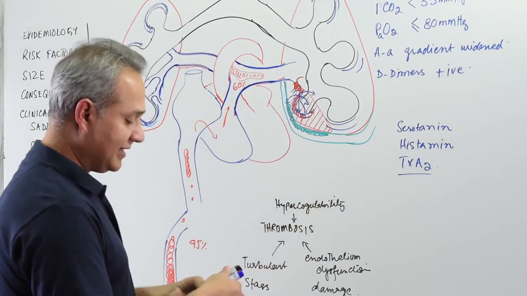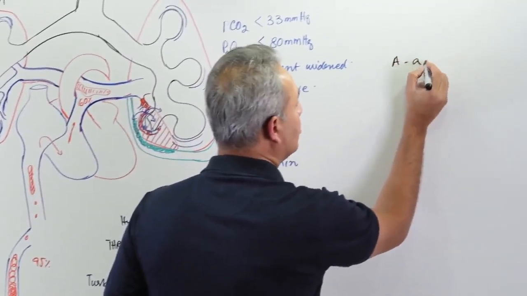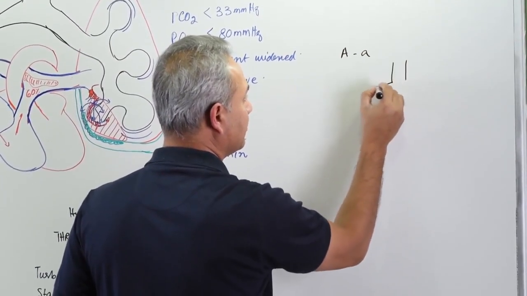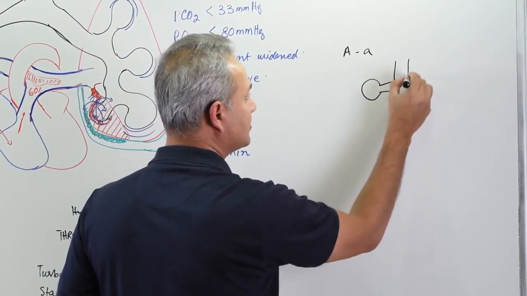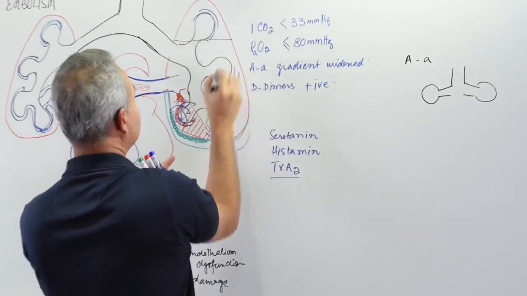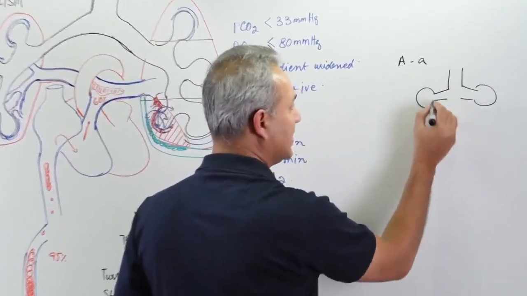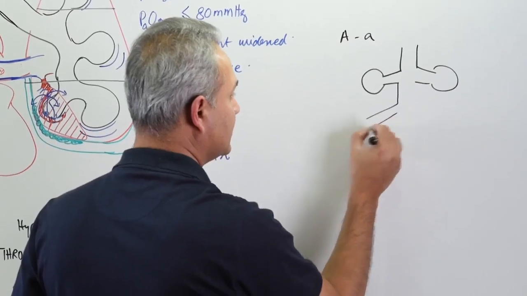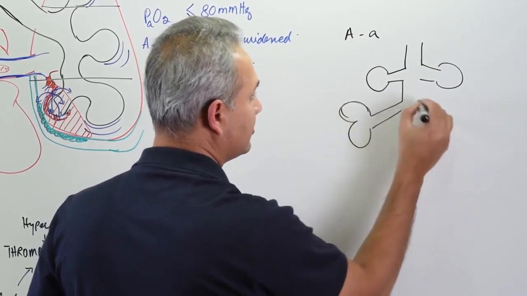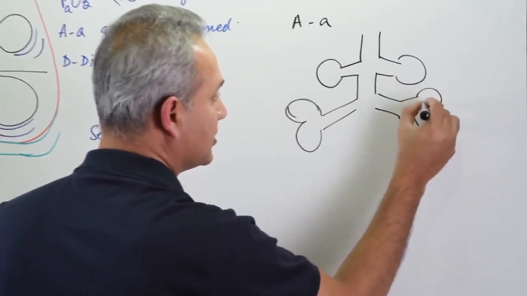So look, AA gradient widening. What that means is, if I make an airway here, and this is one alveolus, another alveolus, I make that here as well, in that way: apical area, middle of the lung, and the basal area. So let's say this is the apical area, with a couple of alveoli present here.